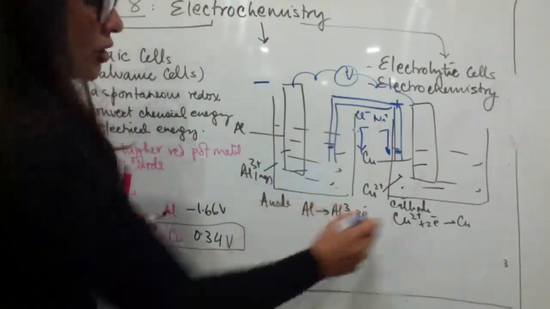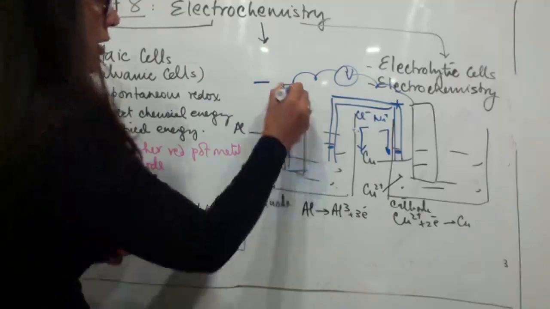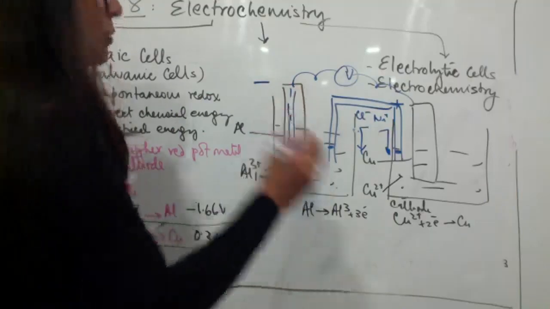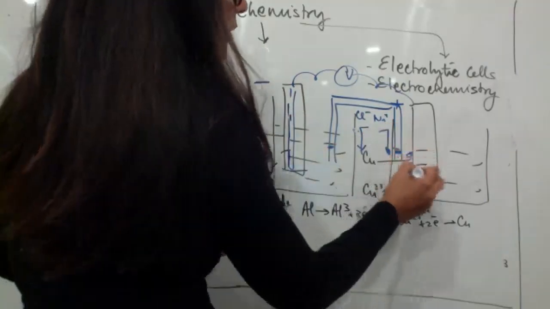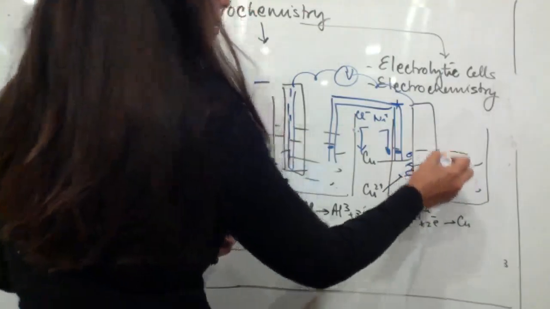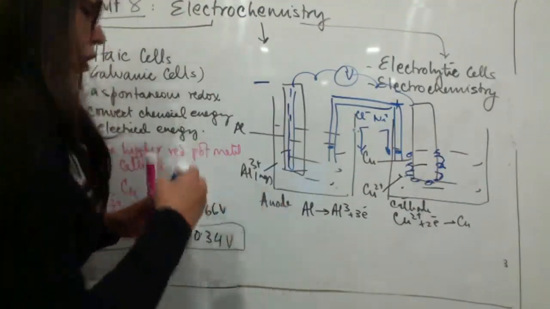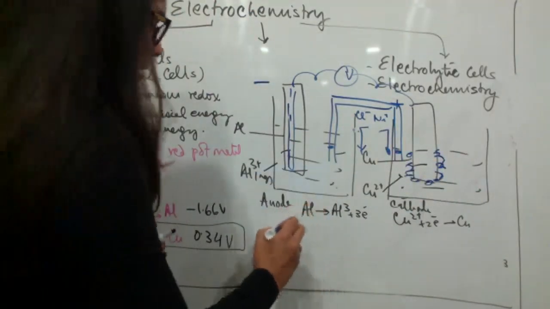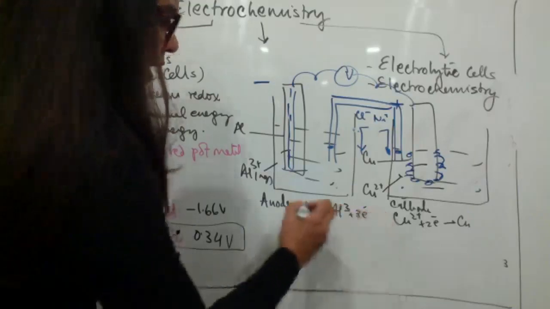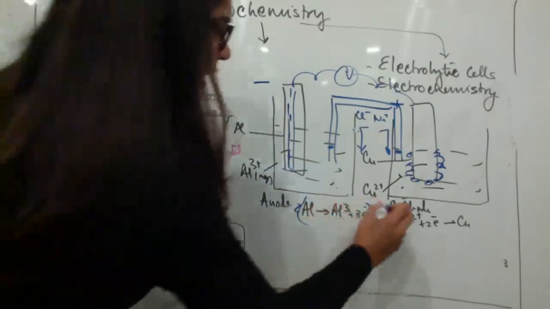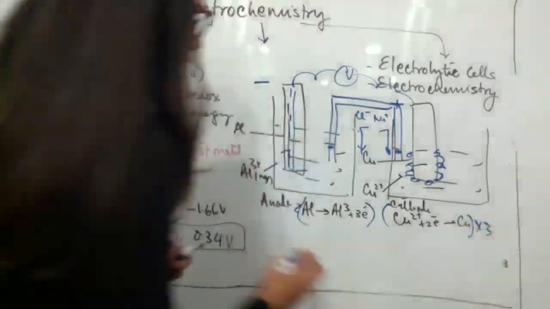As the reaction proceeds, this one will dissolve and become very small, and with time, this one will deposit and become larger. The overall reaction: you'll have to multiply this by 2 and this by 3 to make your number of electrons equal.